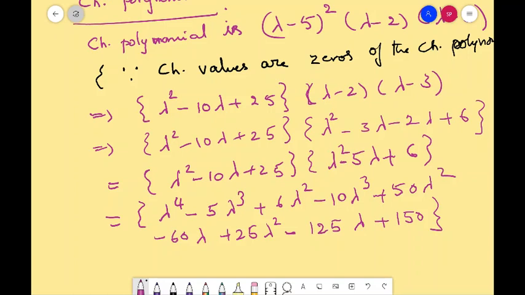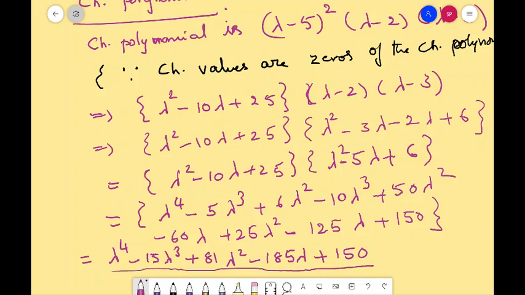If you simplify, you will get lambda power 4, then minus 15 lambda cube, and the square terms 25, 50, 75 plus 6, 81 lambda square. Then the lambda terms are minus 60 minus 125, minus 185 lambda, and then plus constant 150. This is the characteristic polynomial.